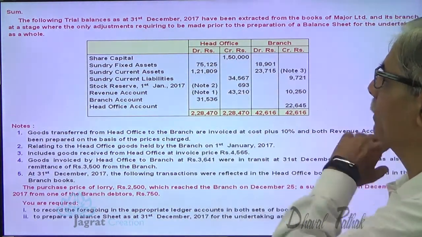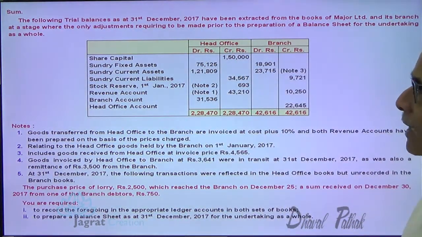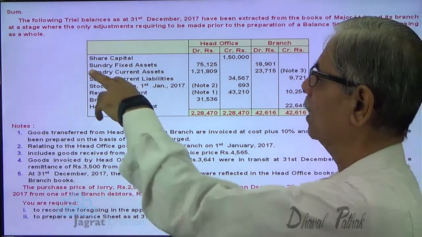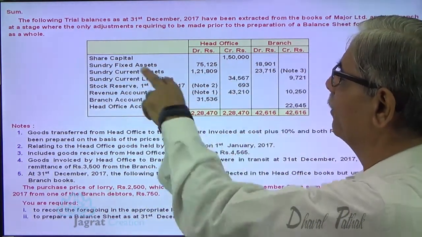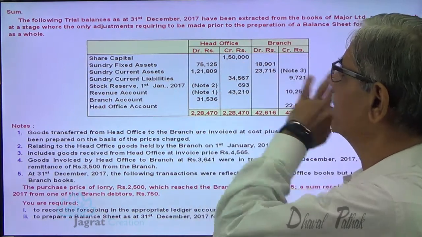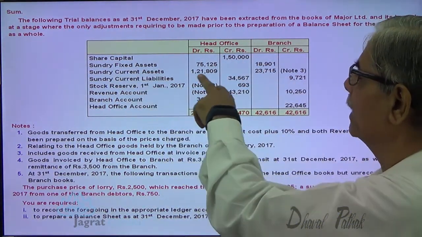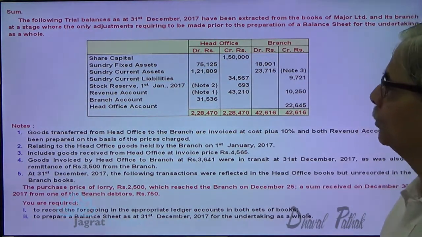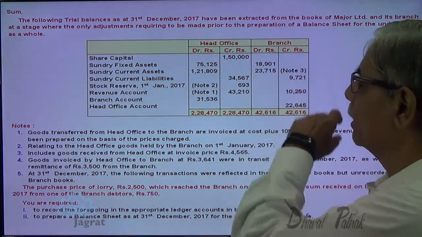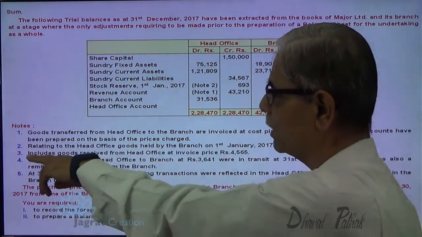Here you are given the trial balance of HO, this is the trial balance of branch. Now share capital 1,50,000, fixed assets, HO and branch, sundry current assets. Here note number 3, so note number 3 has a reference to this third point.